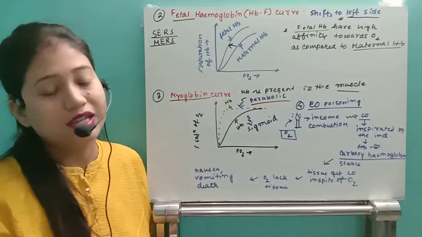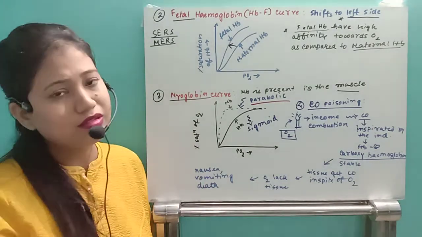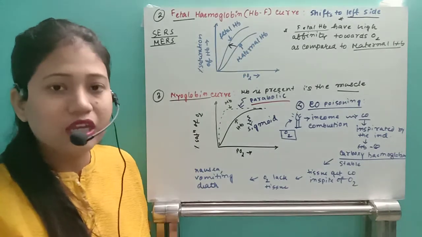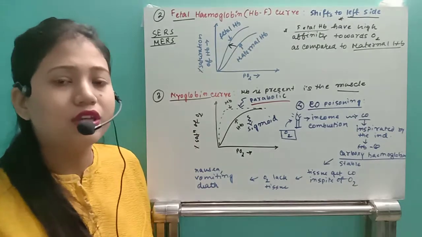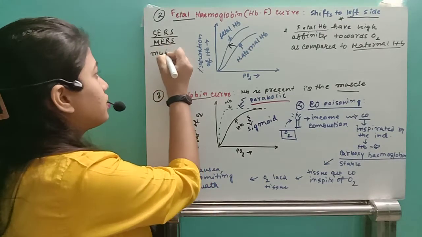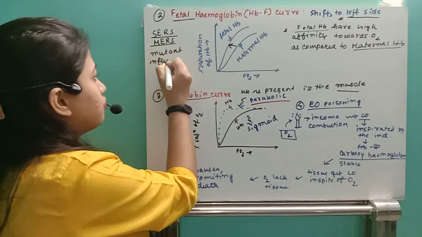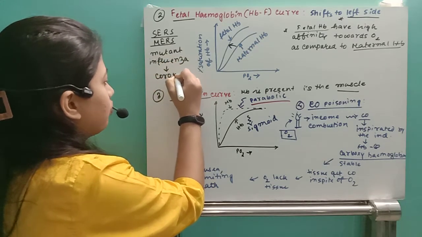SARS is severe acute respiratory syndrome, and MERS is Middle East respiratory syndrome, in the Middle East region, in China, in India, in Afghanistan. In this region, first of all, a virus appeared, and this is nothing but a mutant influenza virus. What is that called? This is called the coronavirus.